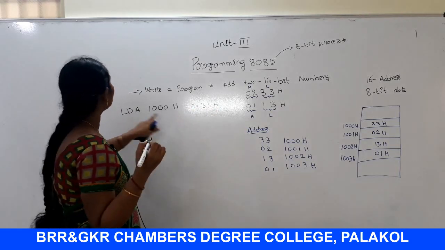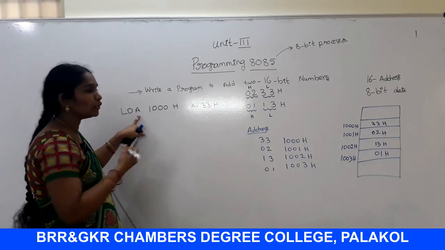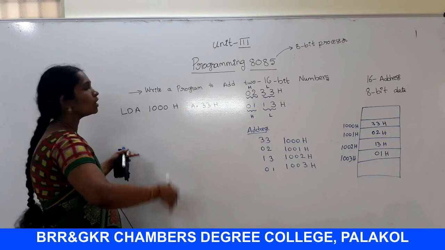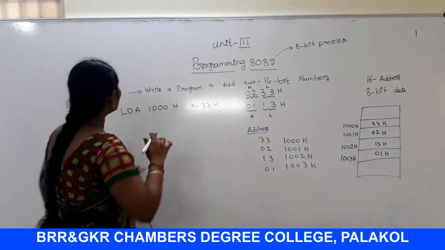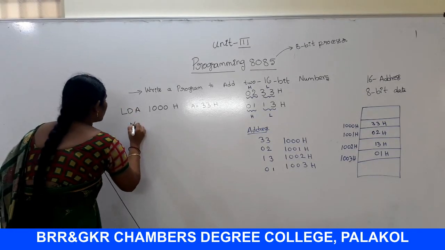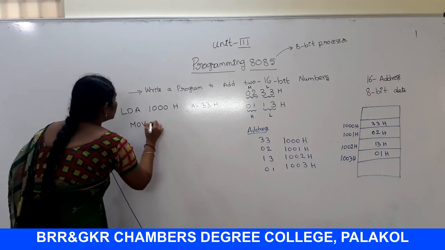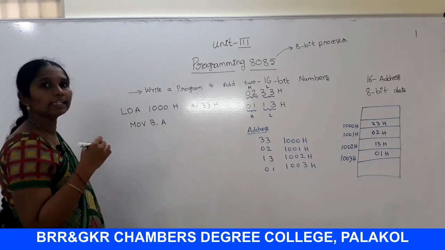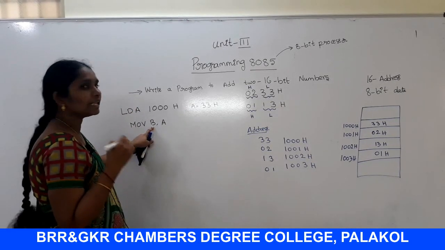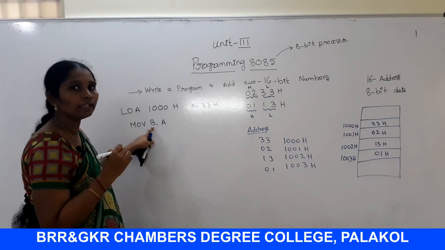And after that, this accumulator is used for further operations, so we have to clear this accumulator. Therefore we move the accumulator data to another register. I consider the B register.